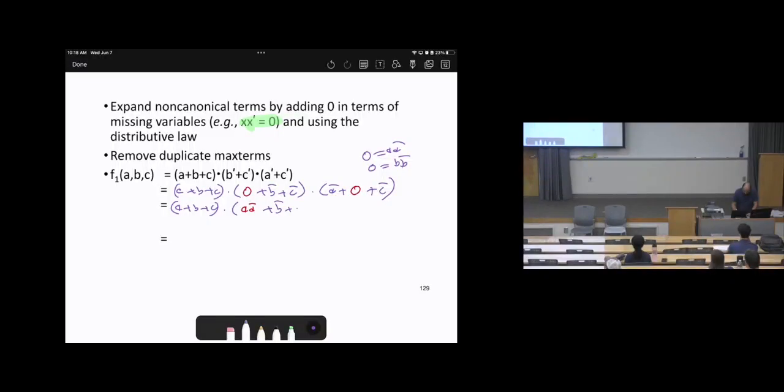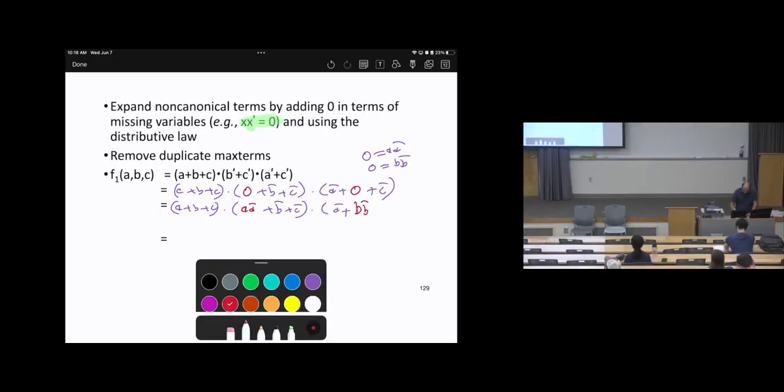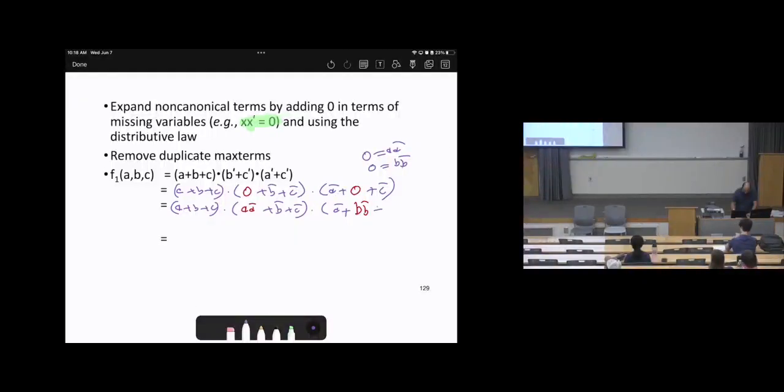Plus B bar plus C bar, then times, here is A bar plus the missing variable here is B, then it will be B bar, then plus C bar. Now, there is a question, how to simplify these two?